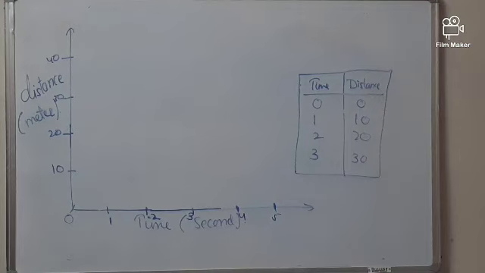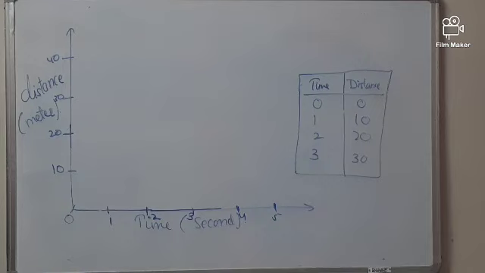When the time is 3, distance is 30. Time increases by 1, 1, 1, so there is uniformity in time: 0 to 1, 1 to 2, 2 to 3. The distance goes from 0 to 10, then 10 to 20, then 20 to 30. So there is also uniformity, which means this is going to give you uniform motion.